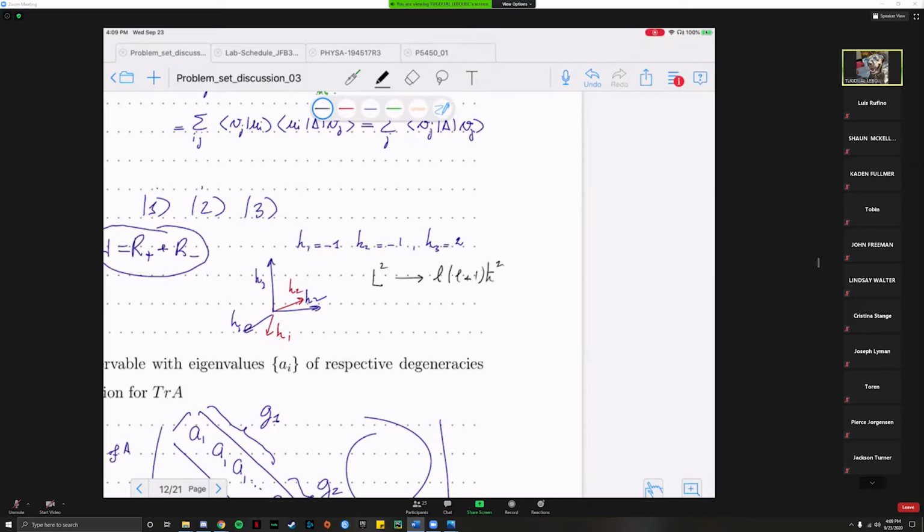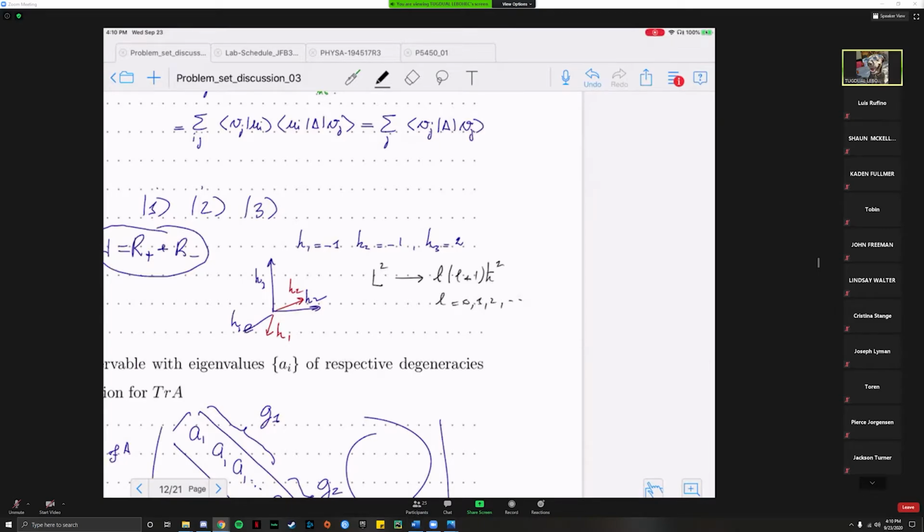Right? The state space of angular momentum has an infinite number of dimensions, right? And there are sectors in that space corresponding to each possible value of L, where L is equal to 0, 1, 2, and so forth.